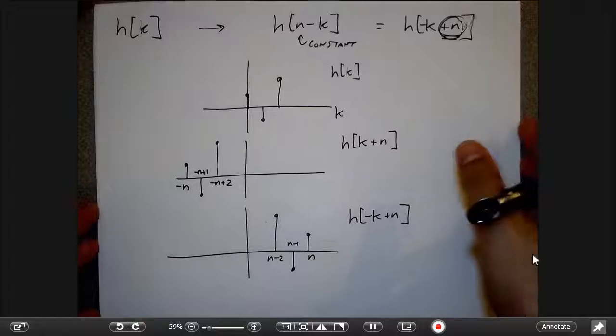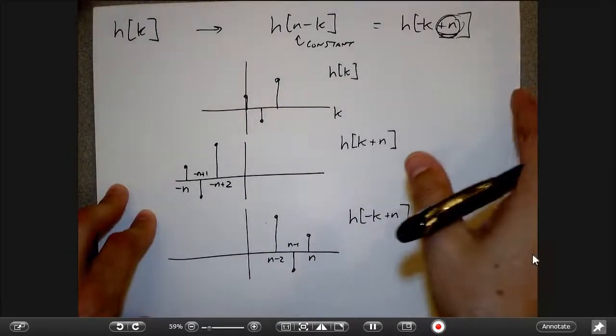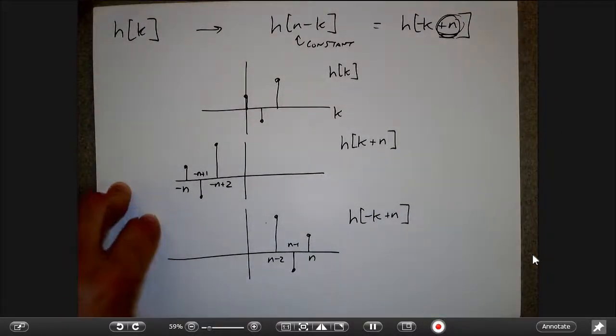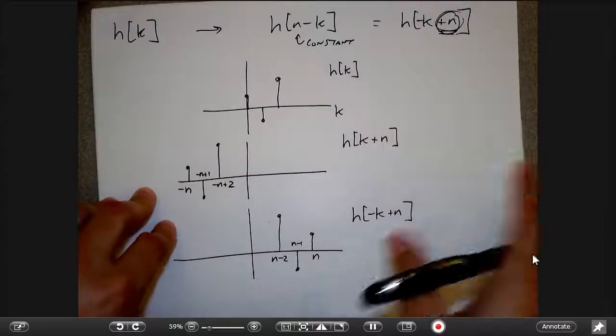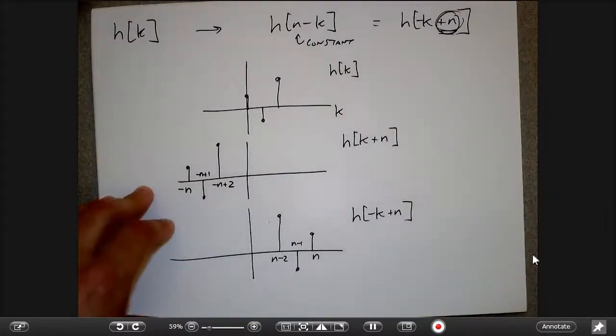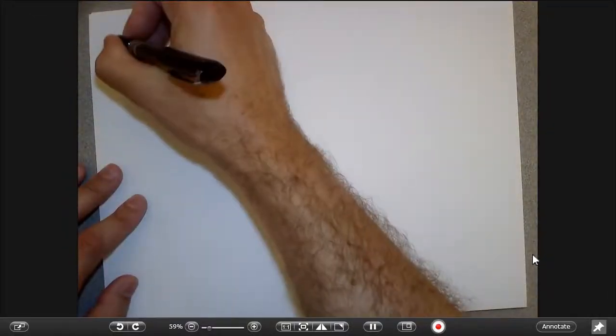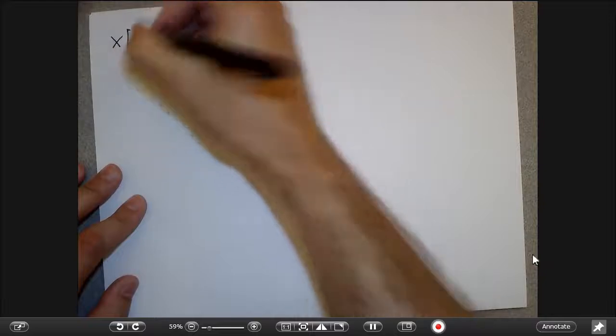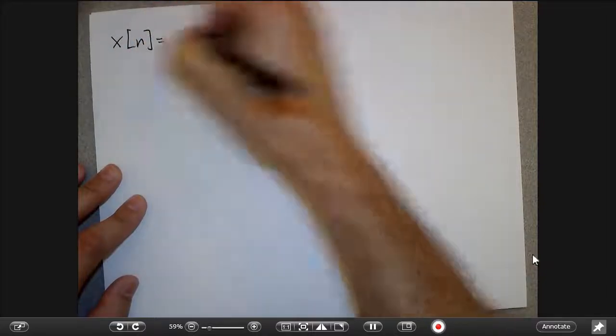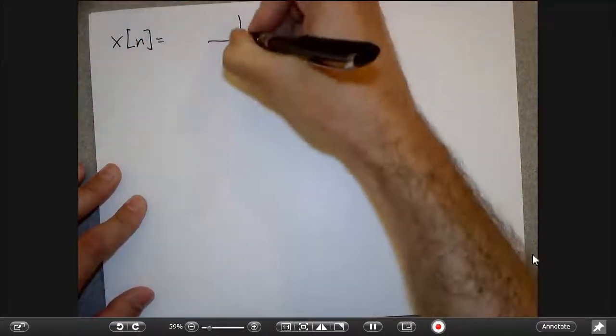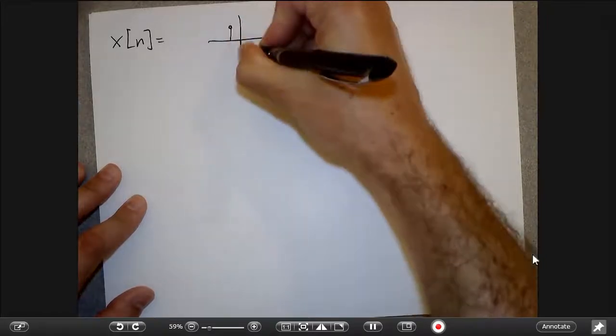In some sense, we can do an example of that now, just to be totally secure in our understanding. Let's see if I've got a different example here. I guess I can do it on the fly. So let's suppose that x of n is something like this.